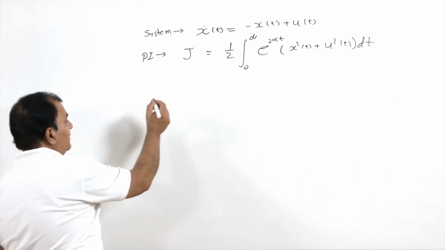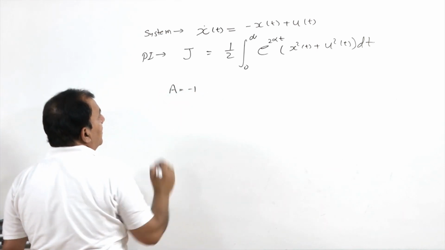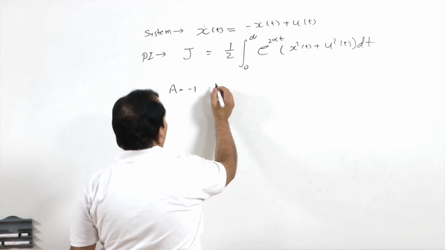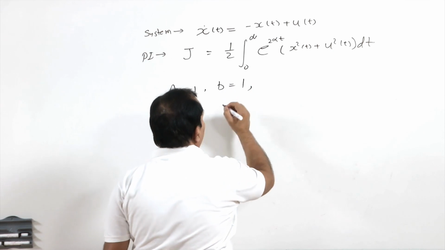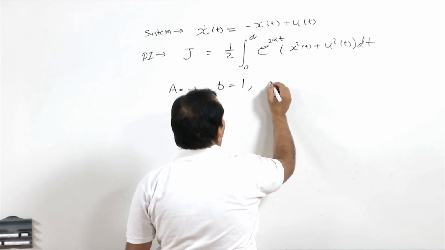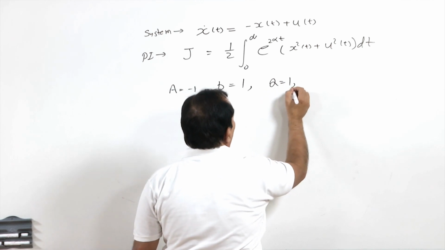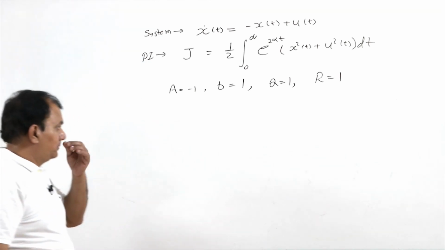So, in this case my A is minus 1, B equal to 1 and Q equal to 1, R equal to 1.